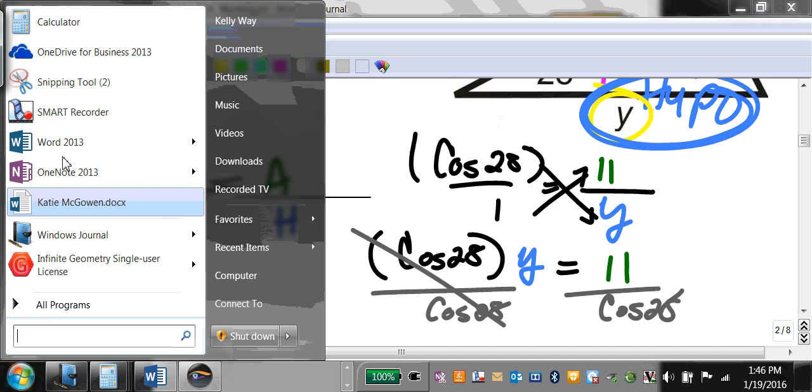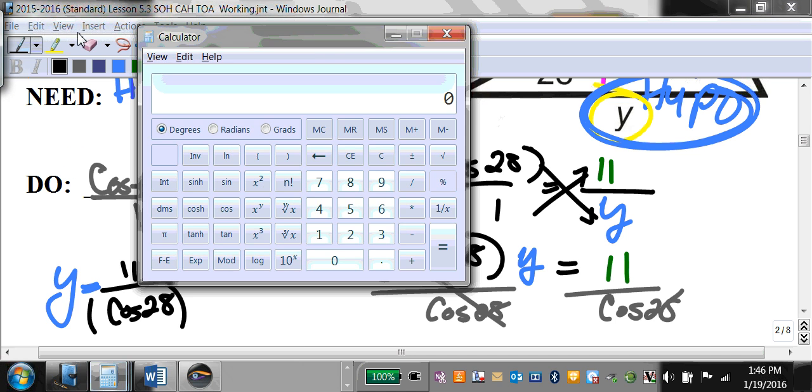Now your calculators are going to get a little different around here. Let me show you what you should get, and then I'll cycle around. For most of you, it's literally 11 divided by cosine 28, enter. For some of you, it's 11 divided by 28 cosine, enter. That's what you should be getting.